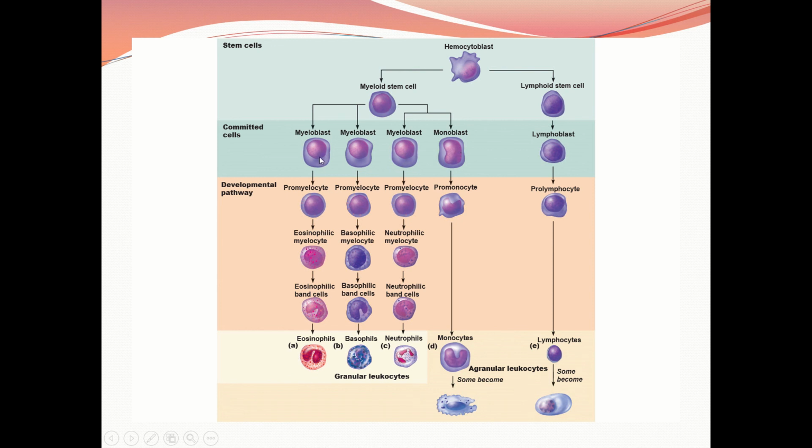The myeloblasts will then develop into eosinophils, basophils, or neutrophils, which are the granular leukocytes. The monoblasts will develop into the agranular leukocyte known as the monocyte. And then the lymphoid stem cells will differentiate into the T lymphocytes and the B lymphocytes.